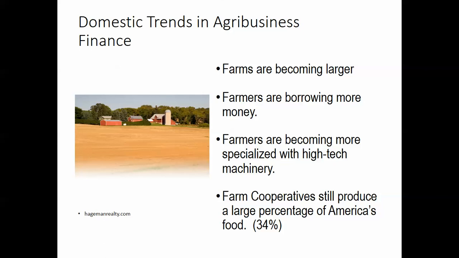So the trends in agribusiness today here in the United States, I think we all know that farms are becoming larger. So more use of capital. Farmers are borrowing more money. They're bigger, they need more money. Farmers are becoming more specialized with high-tech machinery.